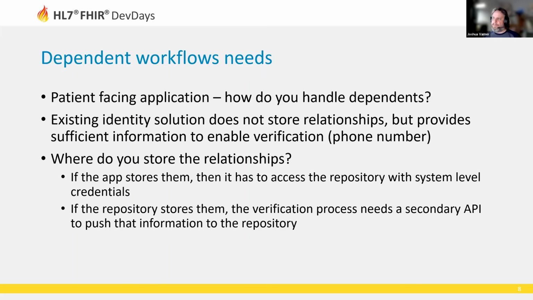To do that, we needed to set up a secondary API that lets the verification process, which involves user interaction, make a call in to let the repository know it can save the relationship once it has decided that these two people have access to each other's data. The way we're doing that is by storing consent records.